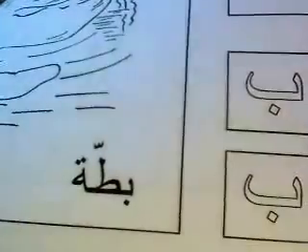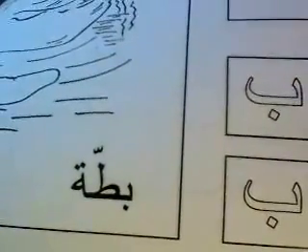So you see the letters connected. I don't know if you recognize the first letter, which is the ba. I hope you recognize it. Here it is. So you see the ba is different from here and here.